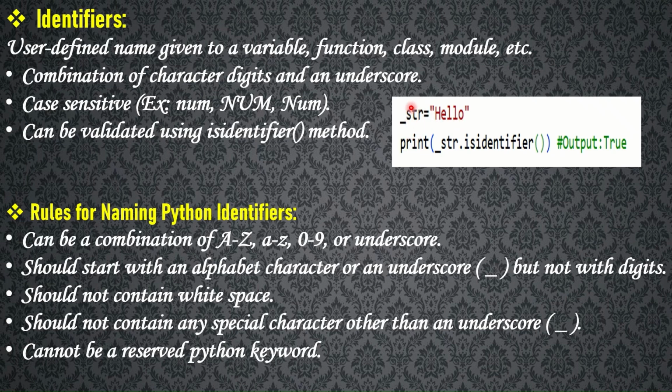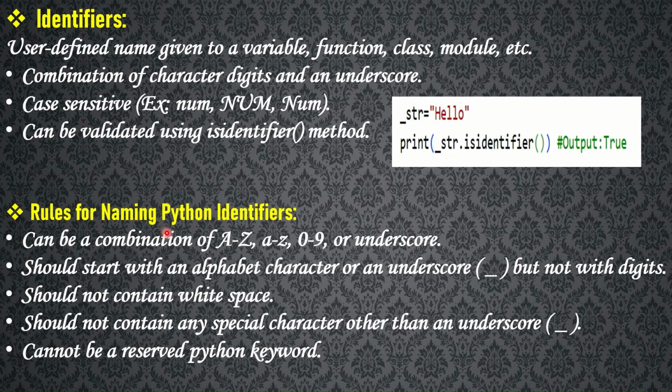Then I check whether the name I have given is valid by calling the isidentifier method on it. That should give me the output as true or false. This is an identifier and it is following the pattern, so the output is true.